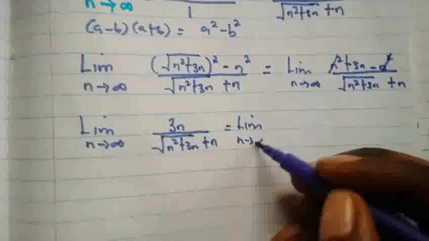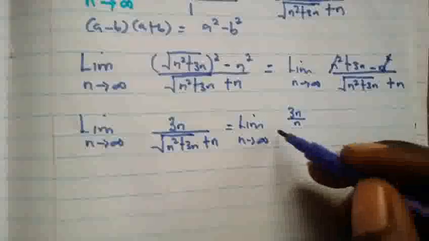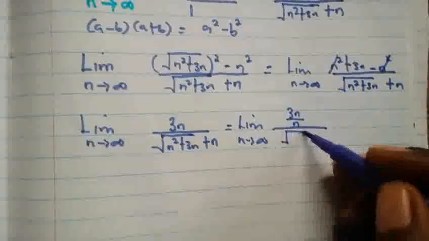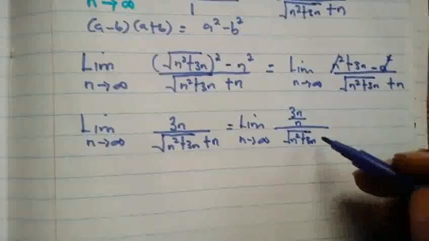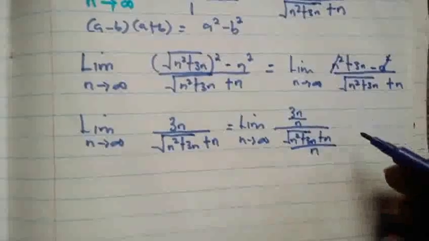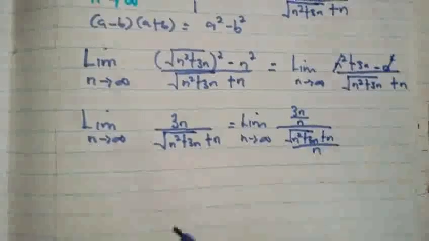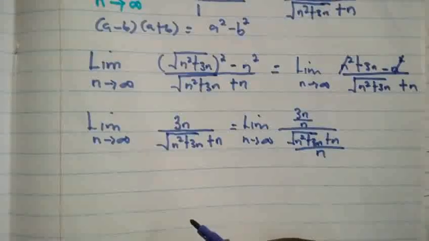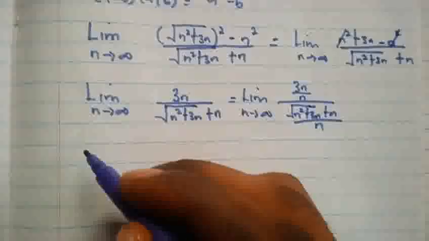Limit as n is approaching infinity, 3n all over n, all over square root of n squared plus 3n then plus n, all over n. Okay, we're going to split this denominator here and then simplify the radical sign. Now we have here as follows.